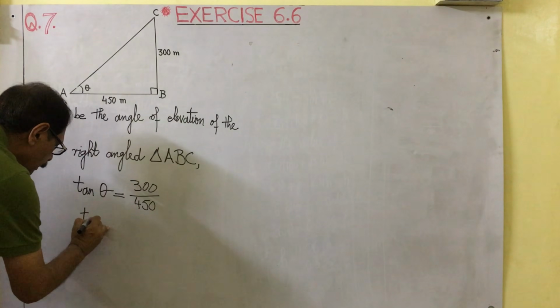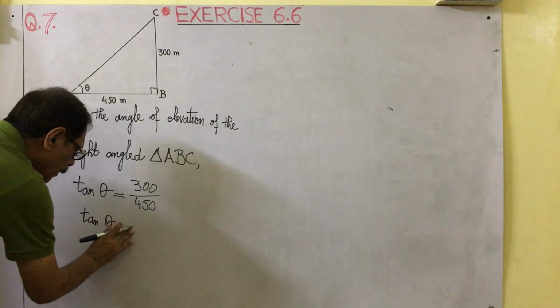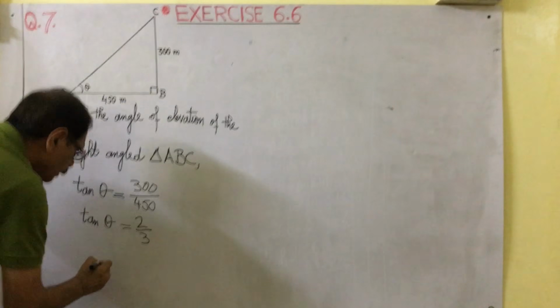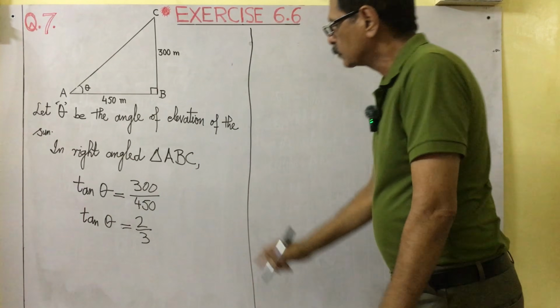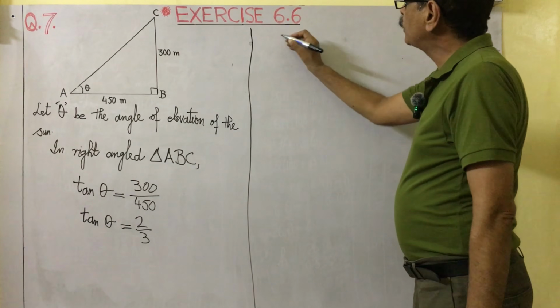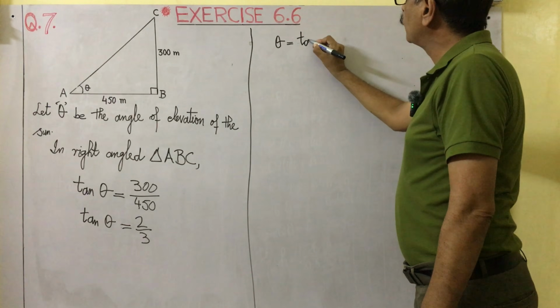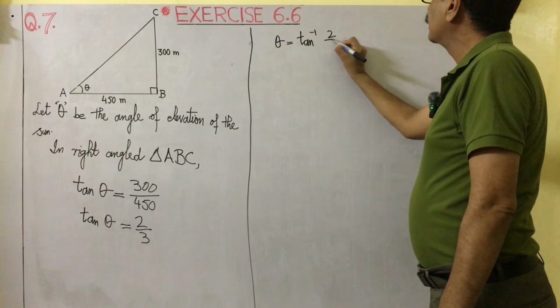Tangent theta is equal to 2 over 3. Theta is equal to tangent inverse of 2 by 3.